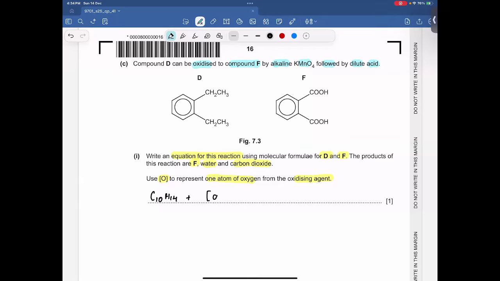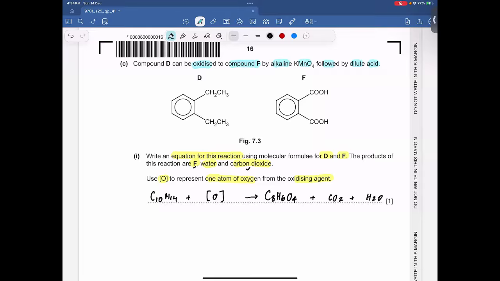React with the oxygen atom, converting into compound F. 1, 2, 3, 4, 5, 6, 7, 8. 8 carbon atoms. Let me count hydrogen. 1, 2, 3, 4, 5, 6 hydrogen. Let me count oxygen. 2 plus 2, 4 oxygen. Okay. So that's F, carbon dioxide and water. So this is going to be your carbon dioxide. This is going to be your water.